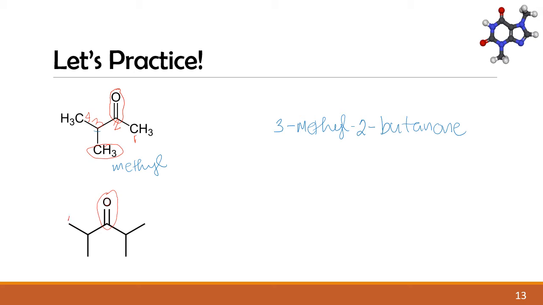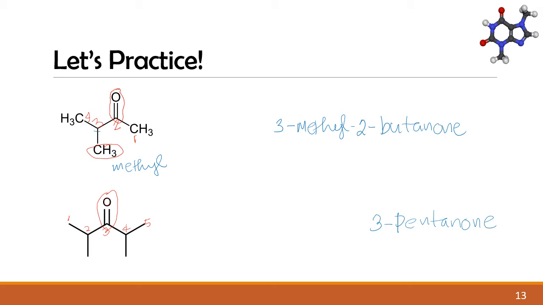Let's go with left to right. 1, 2, 3, 4, 5. So, a 5-carbon ketone is pentanone. The carbonyl group is in C3, so we attach that number here.